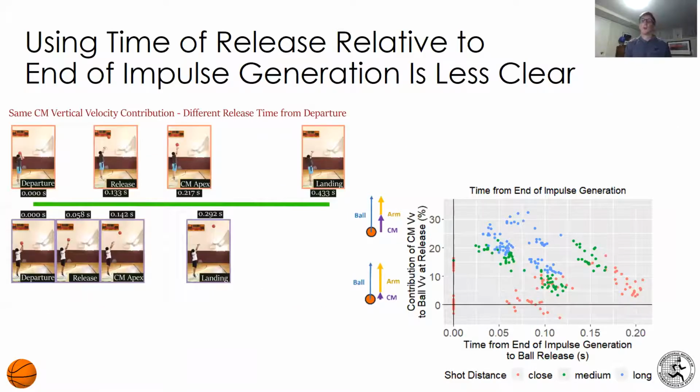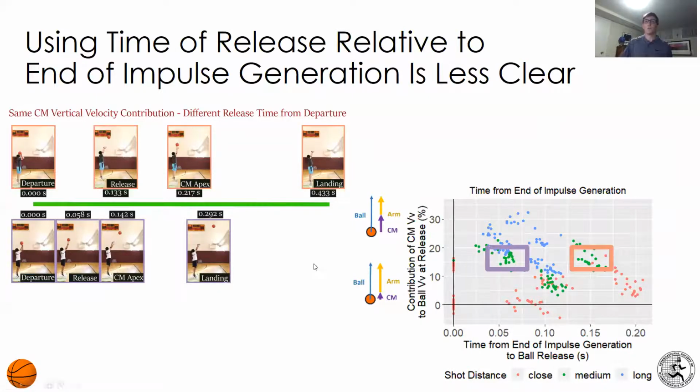Now, if we were to look at a commonly used variable, which is the time of release relative to the end of impulse generation, also generally known as rate departure or ground departure, it becomes less clear. There isn't this linear relationship all the way across the board as there was in the slide before.